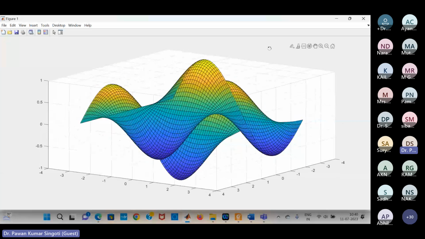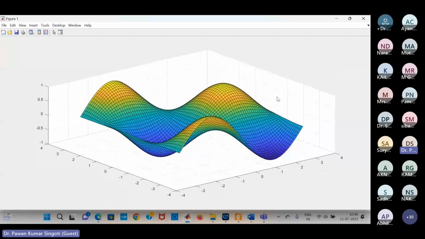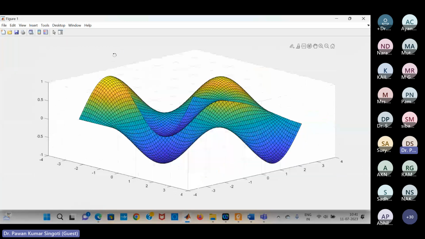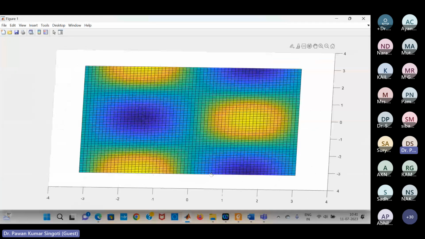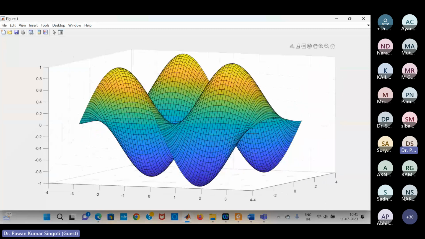You can see the grid lines are appearing in this one, and the surface of this figure is also available over here. If you see this one face only, it would be two-dimensional, but it is three-dimensional.